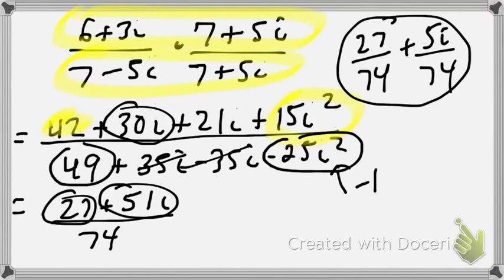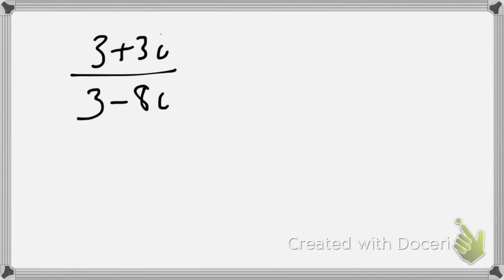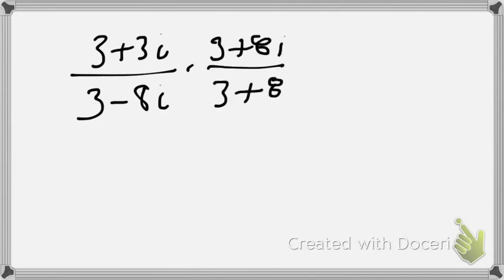Alright, so if you got a complex number in the denominator, multiply by the complex conjugate. I'm not going to go through the whole problem, but so we're clear, if we had 3 plus 3i over 3 minus 8i, you would multiply by the complex conjugate, which would be 3 plus 8i over 3 plus 8i.